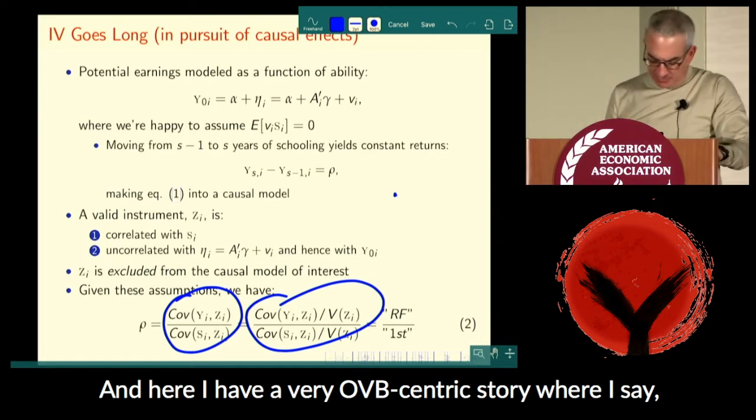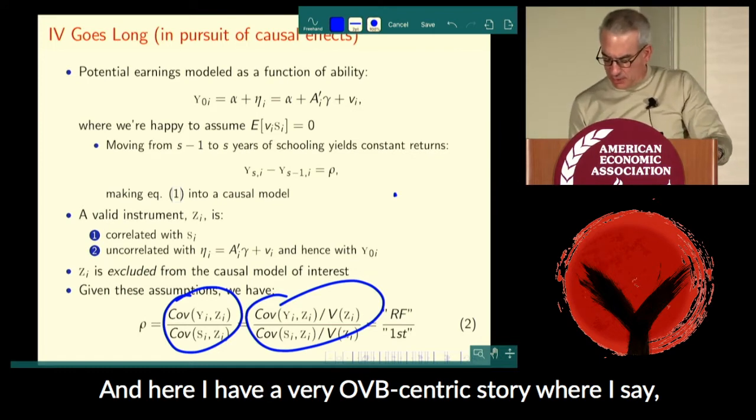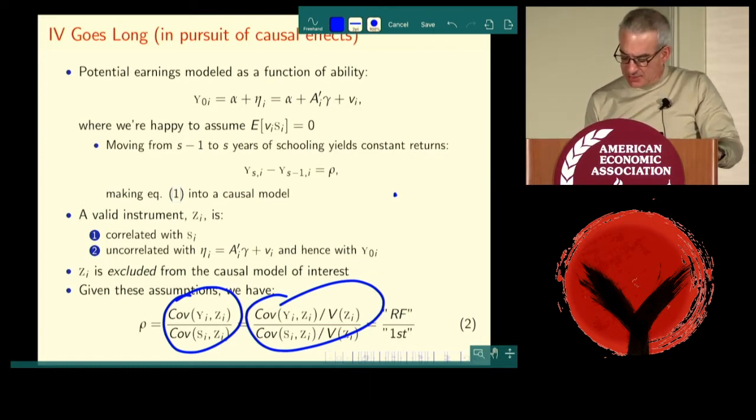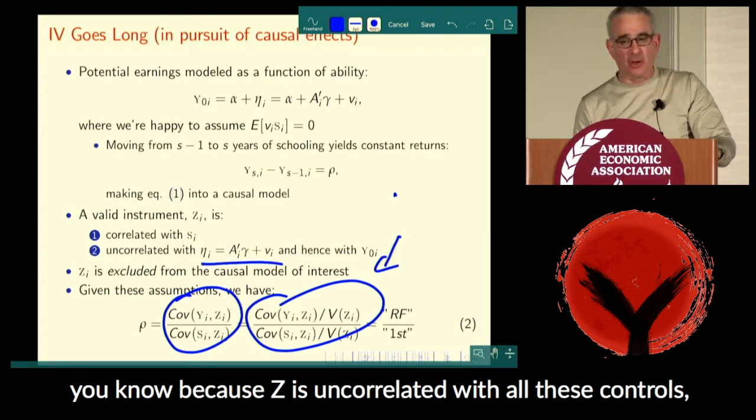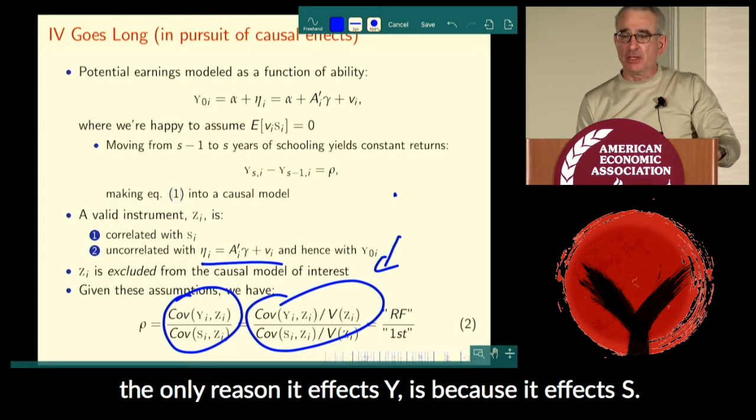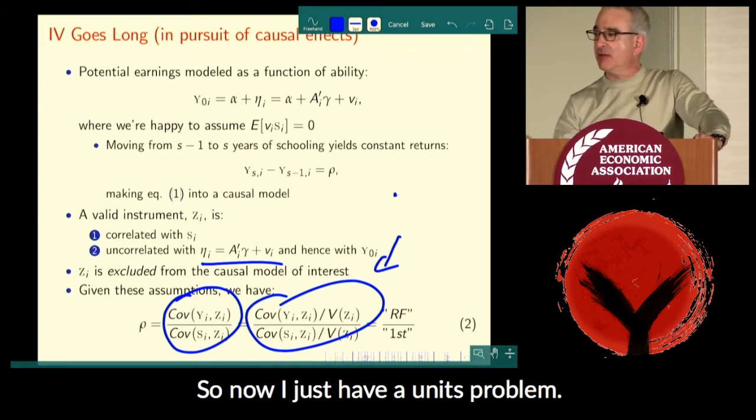And here I have a very OVB-centric story where I say, because Z is uncorrelated with all these controls, the only reason it affects Y is because it affects S. So now I just have a units problem.